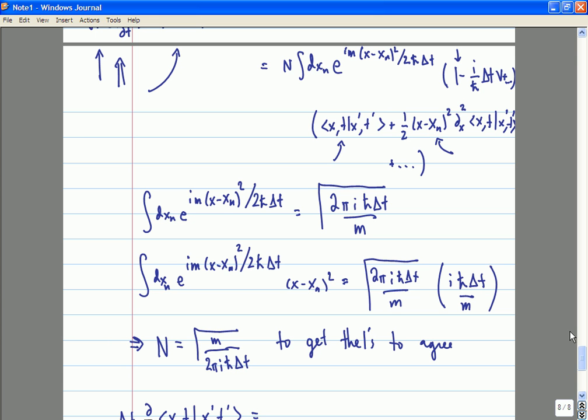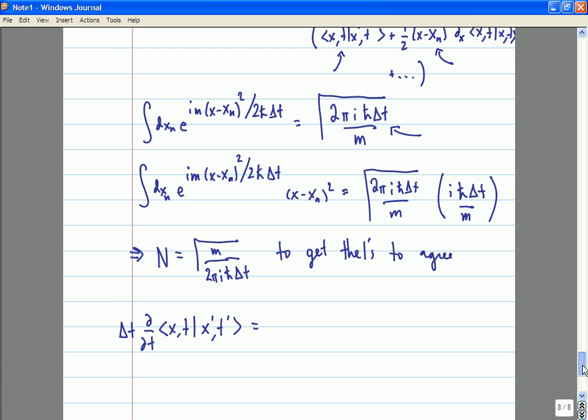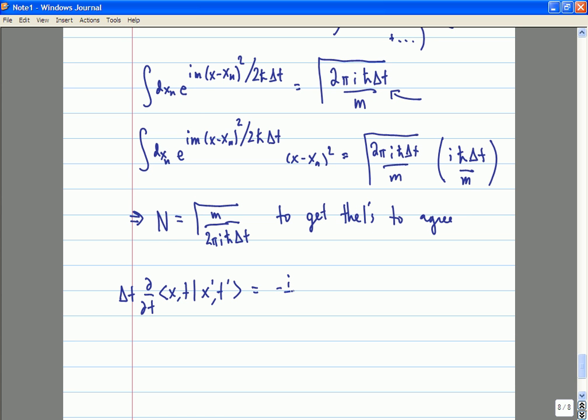There's that normalization constant n, which will cancel the factor coming from this integrand here, times minus i over h bar, delta t times V, times the propagator.